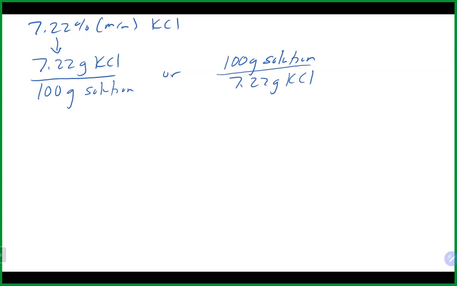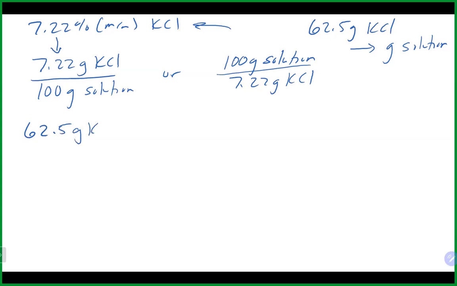So for example, if I said I had 62.5 grams of KCl, how many grams of solution would that be? If we had this percentage of a solution, we could just do a dimensional analysis type of approach. 62.5 grams of KCl.